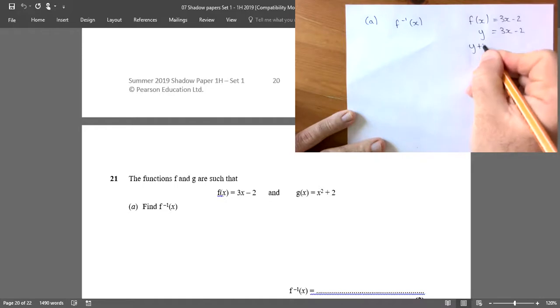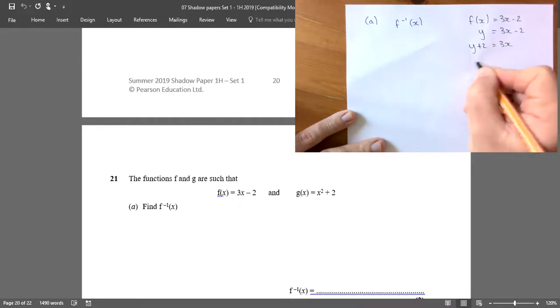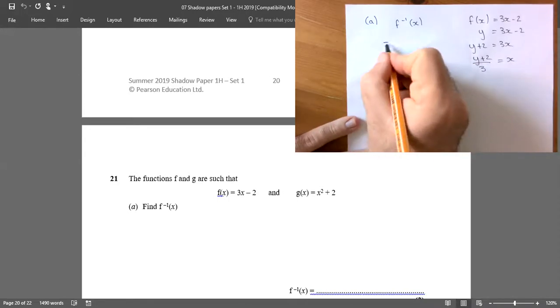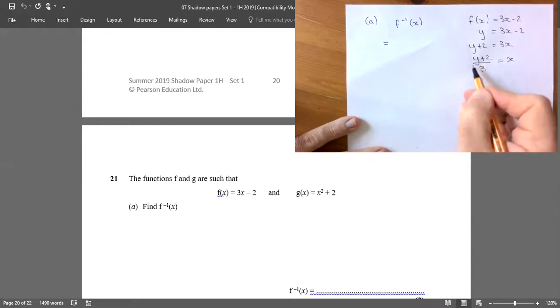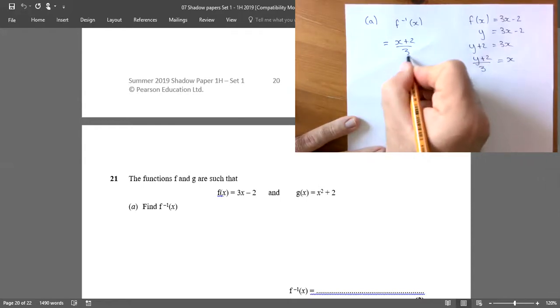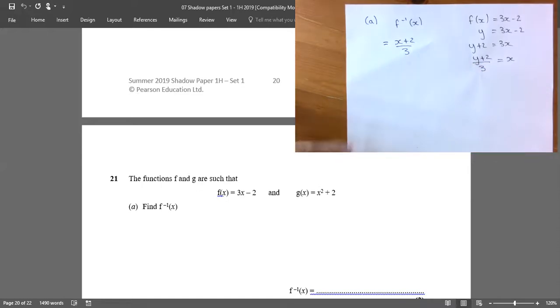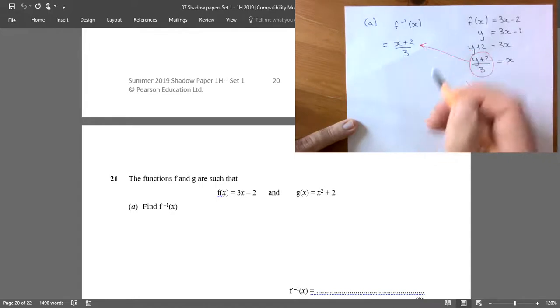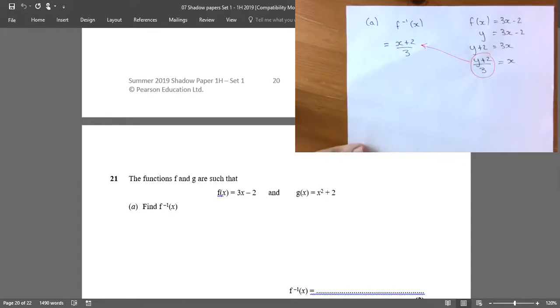So y plus 2 equals 3x. So y plus 2 divided by 3 equals x. So f to the minus 1 of x is, change this y into an x, x plus 2 over 3. So it's just this part here, but change the y to an x.